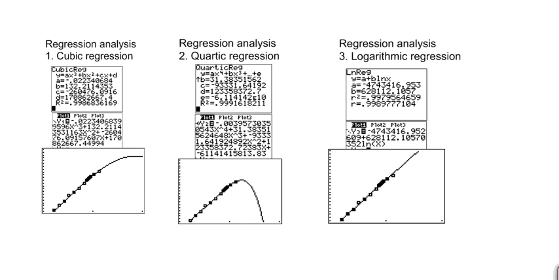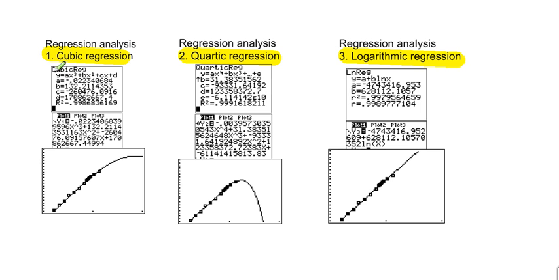The next couple of strategies that we will employ here are calculation of the line of best fit, or curve of best fit. We did the cubic regression, quartic regression, and logarithmic regression. In order to employ these three different regressions, the graphing calculator was used. This is what you see here on the screen.